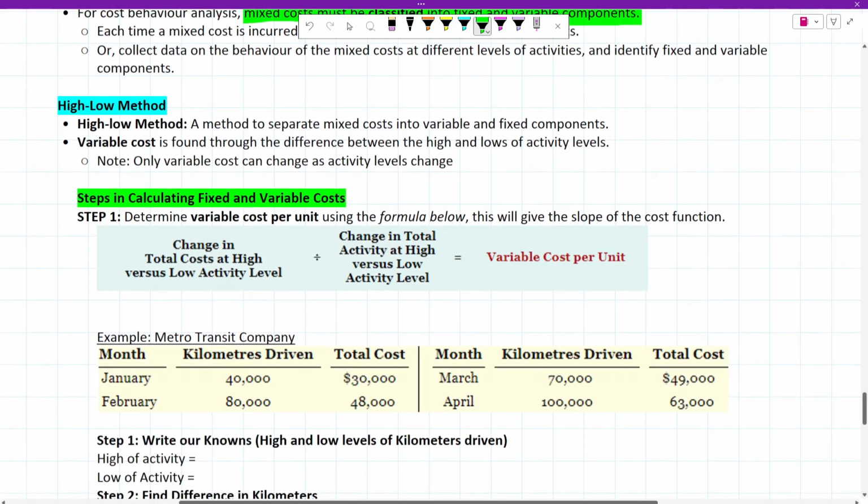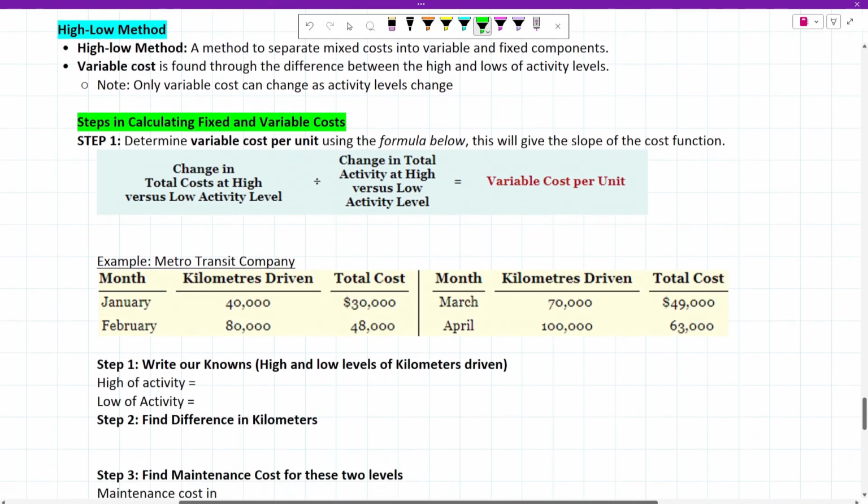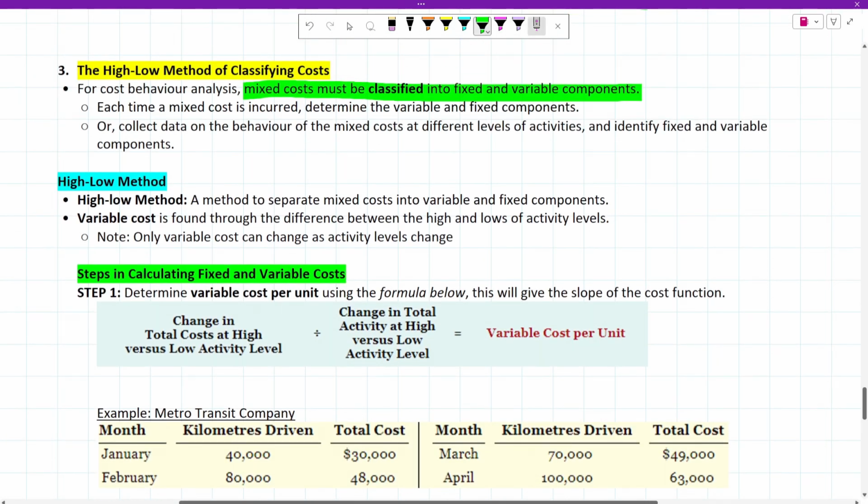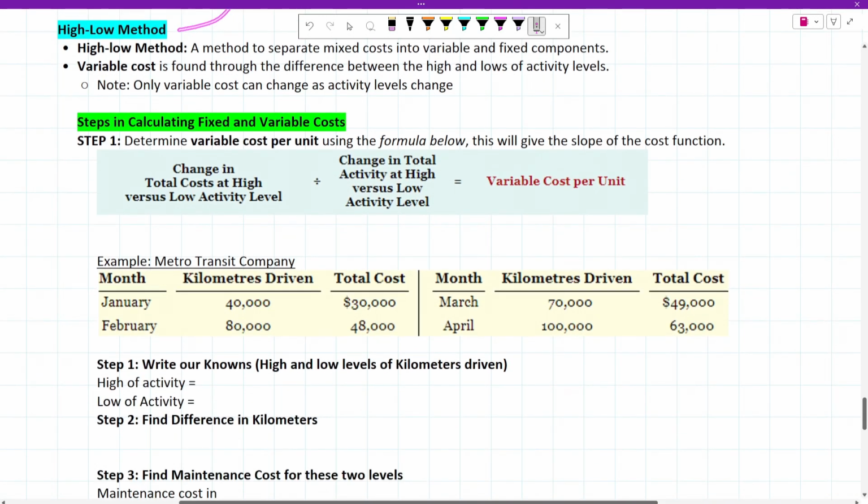All right, so here is our high-low method, which is used to figure out and classify fixed and variable components. The high-low method is a method to separate mixed costs into variable and fixed components.